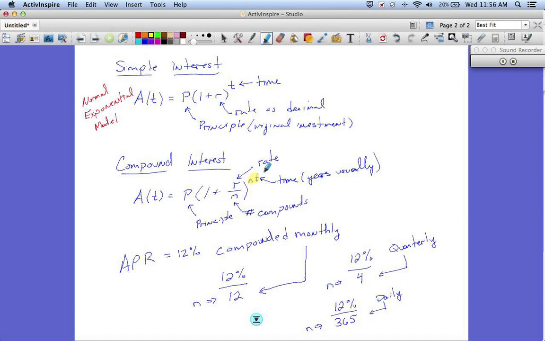You're going to get 24 compounds throughout the 2 years. If you're doing it quarterly, that's 4 compounds a year, or 8 every 2 years, or 12 every 3. So that's why it's to the NT. Your exponent is higher, but your multiplier is lower because it was R divided by N. Your 12% is really a 1% each month.